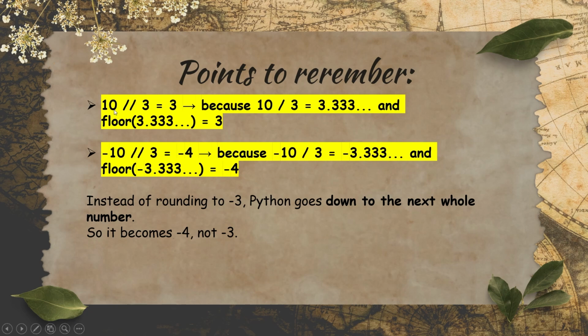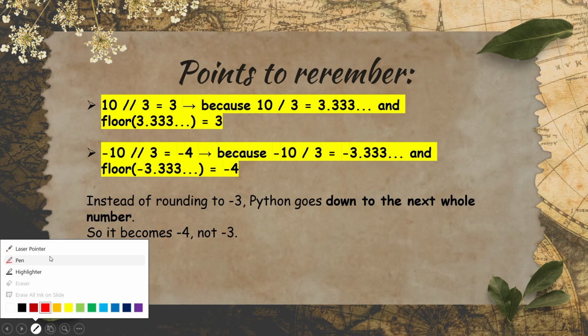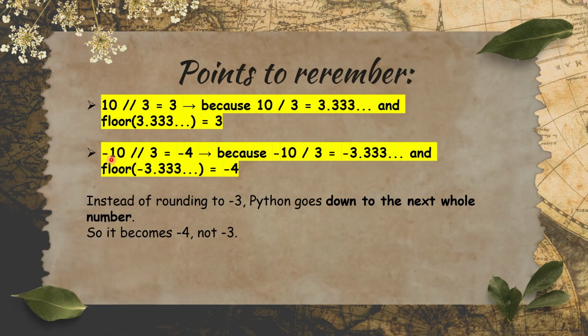Here we are dividing 10 integer division 3, which gives us 3, because for 10 divided by 3, the decimal part is ignored, and this is a positive number. 10 is a positive number, and when I try to divide a negative number, that is minus 10 divided by 3, that will return me minus 4.